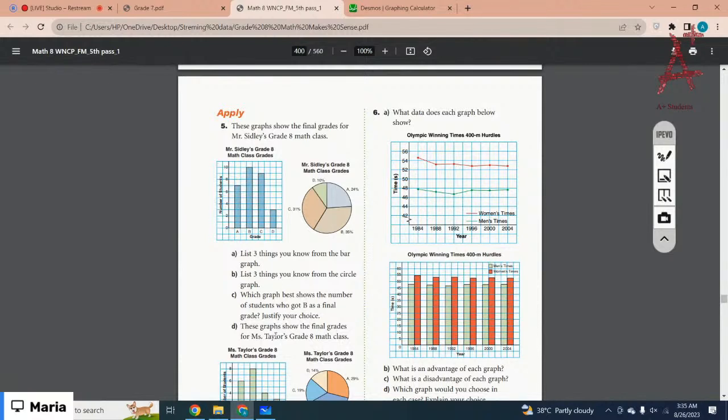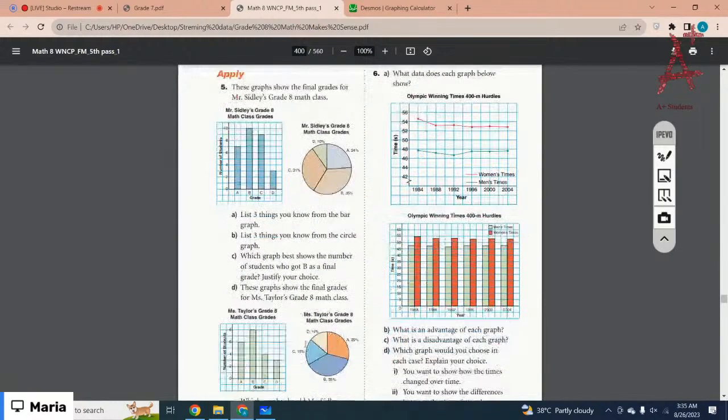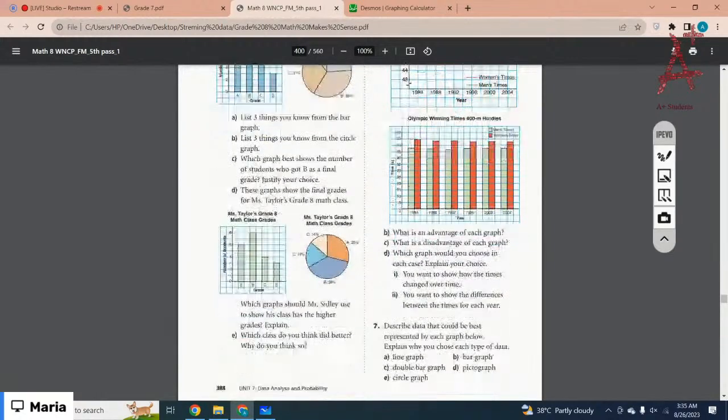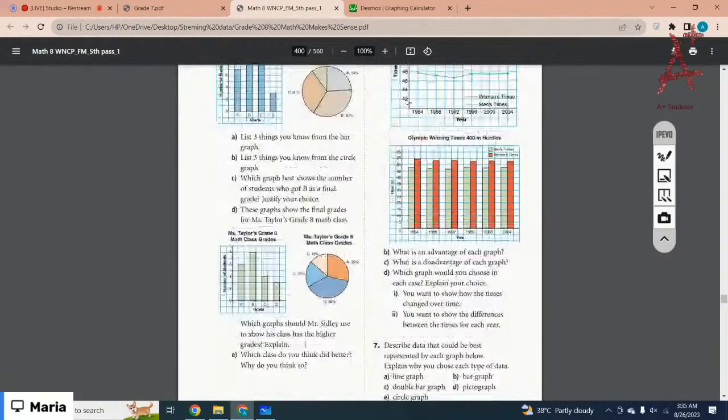These graphs show the final grades of Mr. Taylor's grade 8 math class. Which graph should Mr. Sidley use to show his class has the higher grades? Explain. Okay.